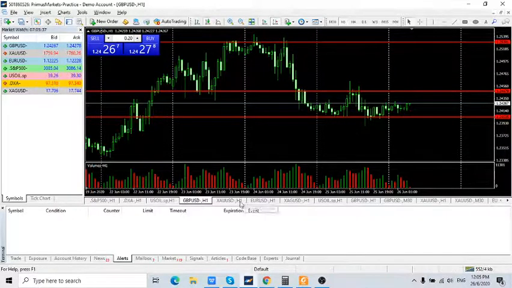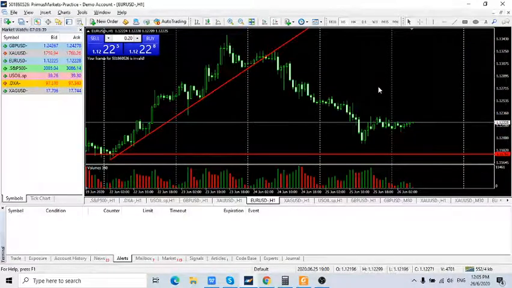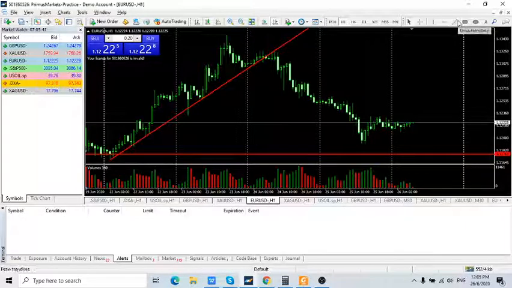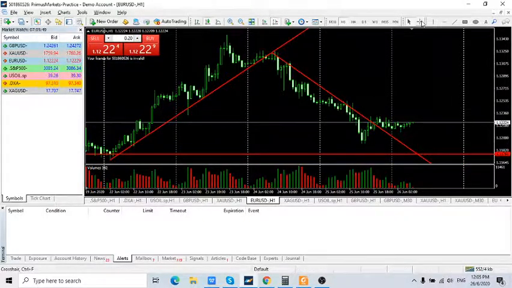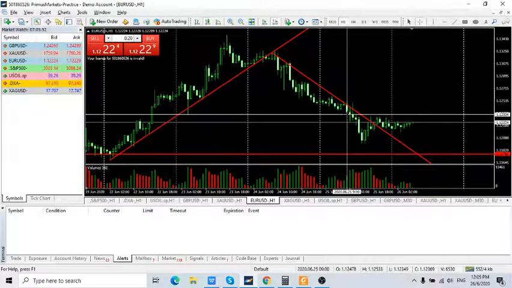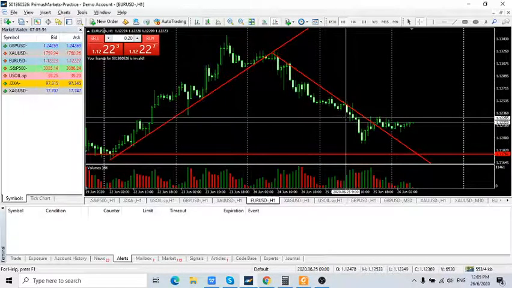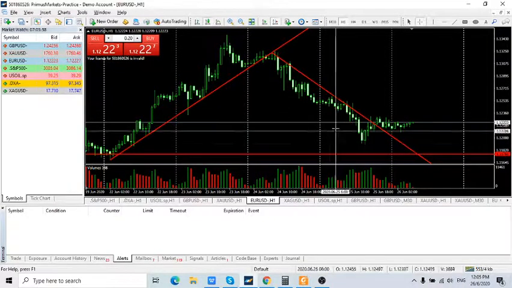So moving on to the euro dollar. Euro dollar for yesterday is a continuation of the bearish trend on Wednesday. We can see the first move at 9 plus 5 is 14, which is 2 p.m. local Singapore and Malaysia time.